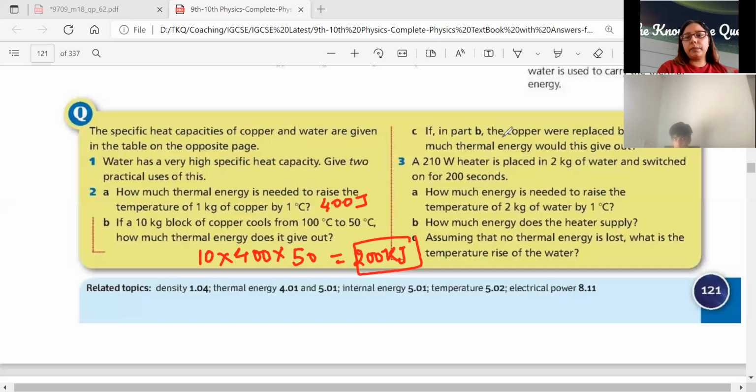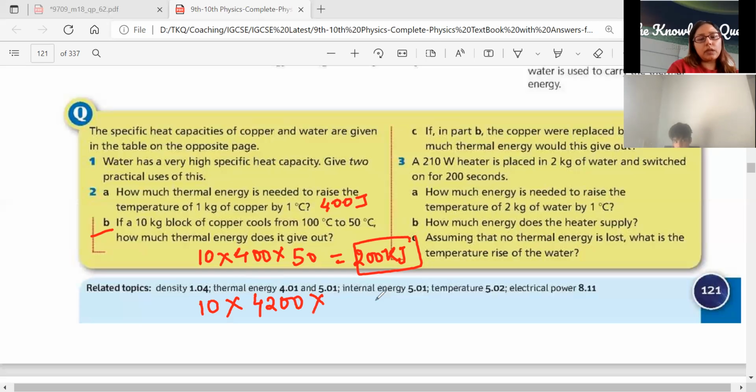Now, if in part B the copper were replaced by water, how much thermal energy would it give out? In part B, what if I change it to water? Same, so 10 into 50 into 4200.